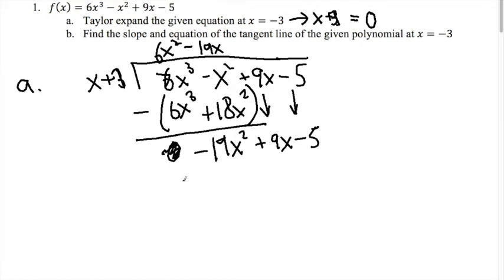So then you would subtract the value of this times this. You subtract minus 19x squared minus 57x, and you distribute the negative, which makes both terms positive.